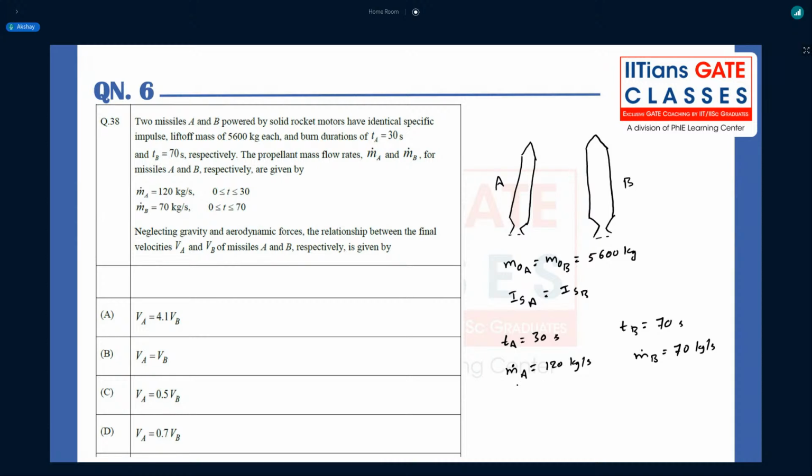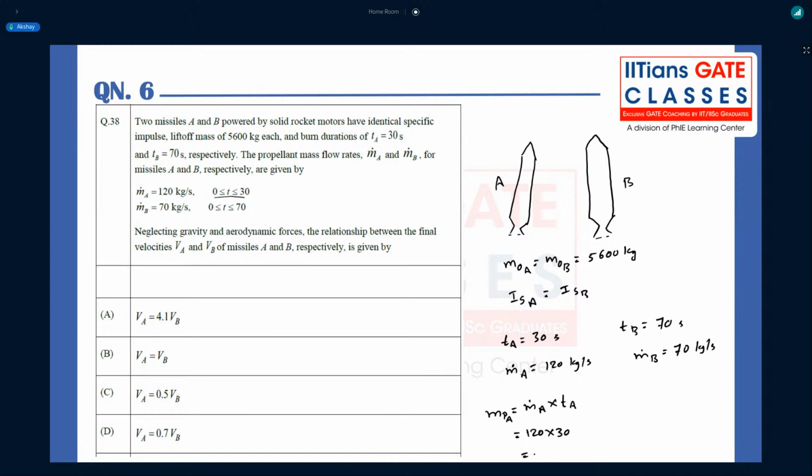So if I have a propellant mass flow rate and the burn duration, assuming a constant propellant mass flow rate for the duration of the burning, that means I can write the mass of the propellant carried by engine A is the mass flow rate of propellant in engine A times the burn duration in engine A. That is nothing but 120 into 30.